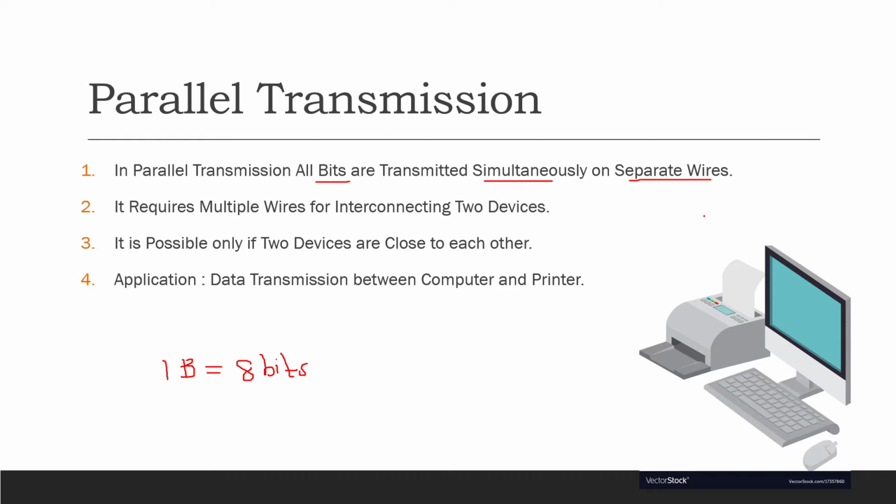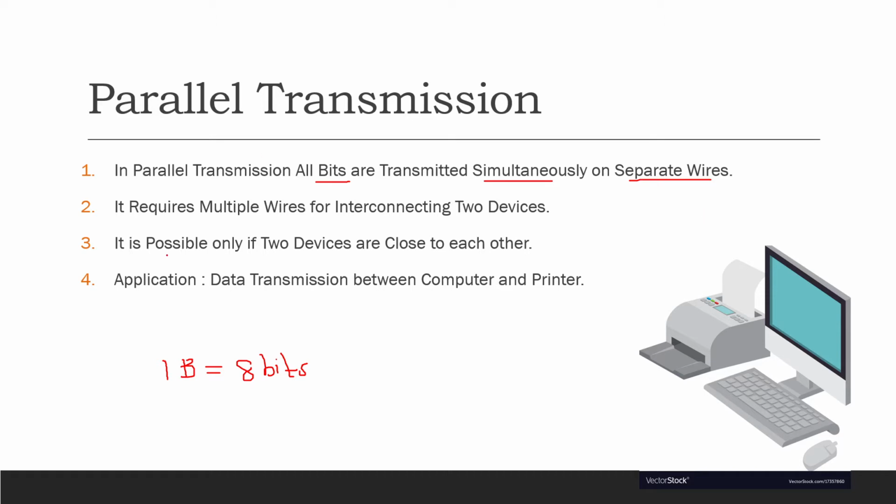The meaning is that each bit should be transmitted using one wire. So 8 wires are required to transmit 8 bits. This is the meaning of the first statement, that 8 parallel separate wires are needed to transmit 8 different bits. If we have more than 8 bits, then accordingly the number of wires required increases.